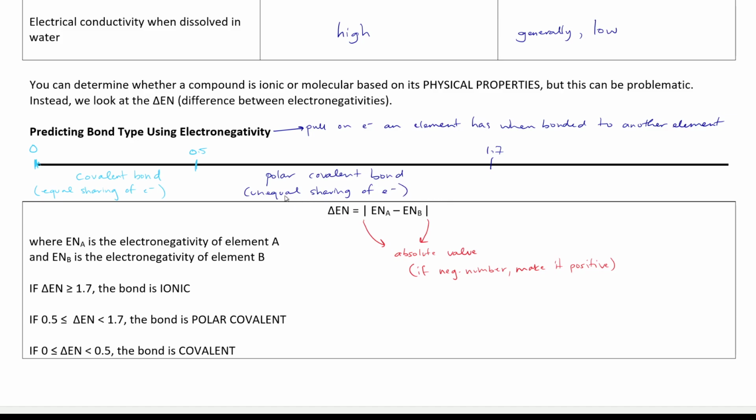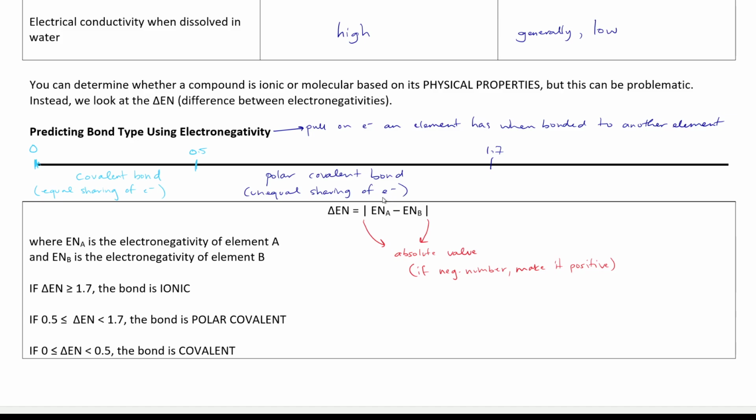So this would be like a tug of war, where the rope is the electrons. You have two people tugging on the electrons. If it's polar covalent, then one person is tugging harder. So the rope is more on their side than on the side of the person that isn't tugging as hard. So that would be considered a polar covalent bond. The electrons are being pulled over to one side.